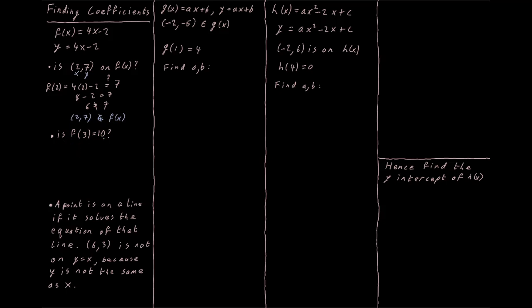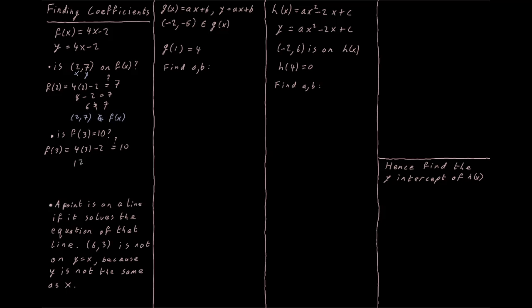Now, this is the same information given in function notation. Is f of 3 equal to 10? When we input 3 into the function, do we get 10 as the output of the function, or is 3, 10 an element of the set? So f of 3 would be equal to 4 times 3 minus 2, is that equal to 10?